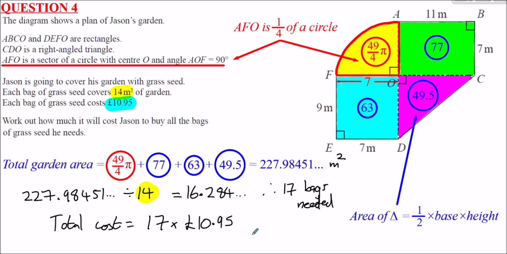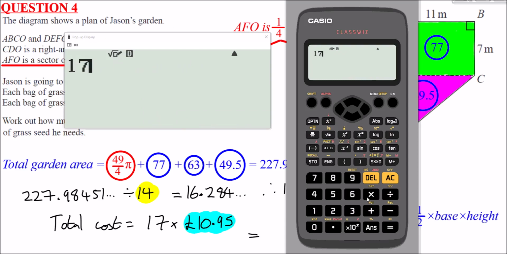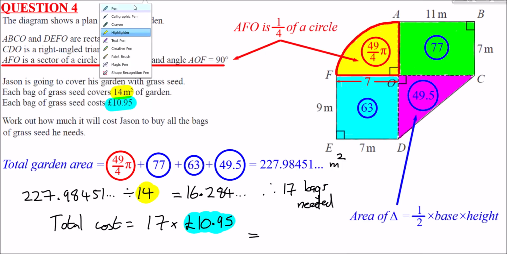And if we calculate that correctly, we're home and dry and have done the question. So 17 multiplied by £10.95 is the final thing to do. 17 times 10.95 equals £186.15.